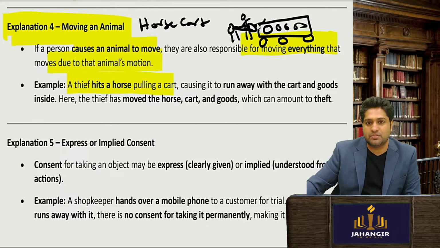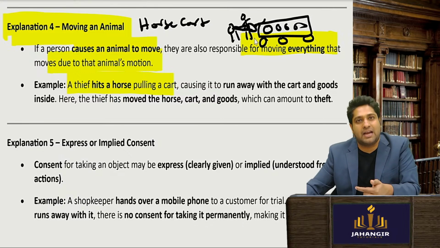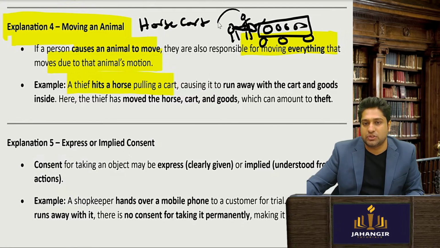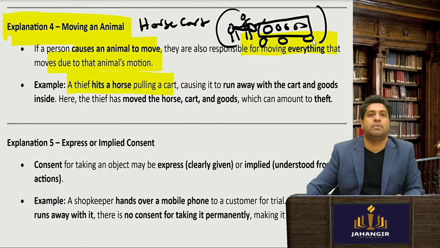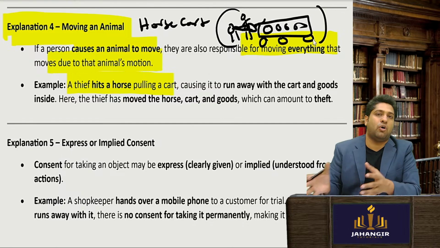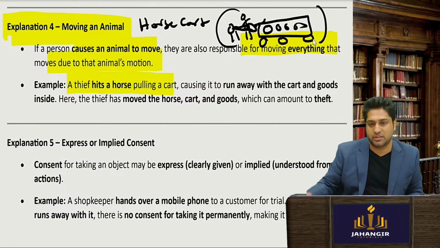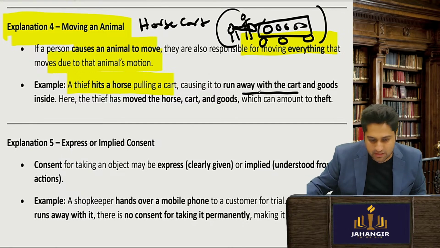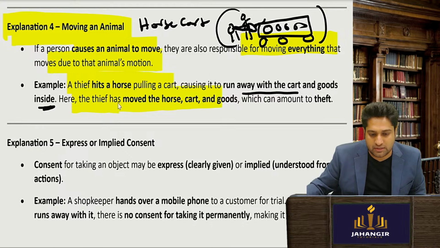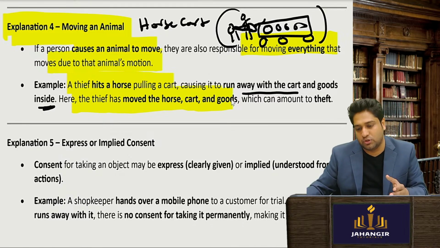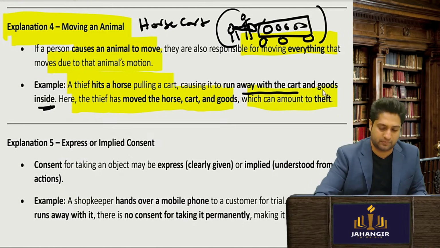A person comes here and starts hitting the animal, and he steals not only the horse but also the goods on the carriage. When you run away with the cart and the goods inside, the thief has moved not only the horse but also the cart and the goods, which all amount to theft.